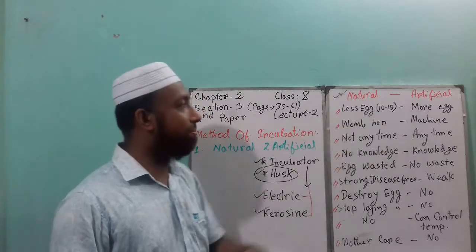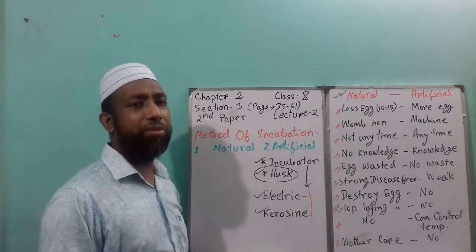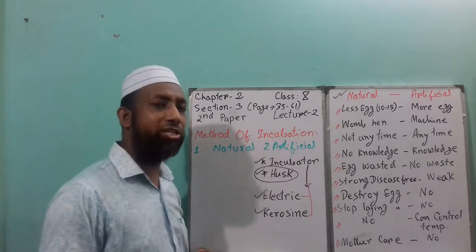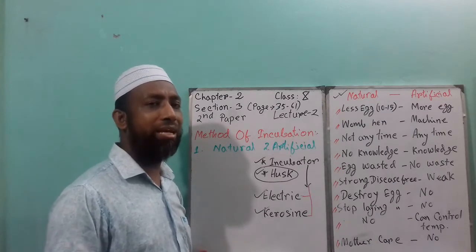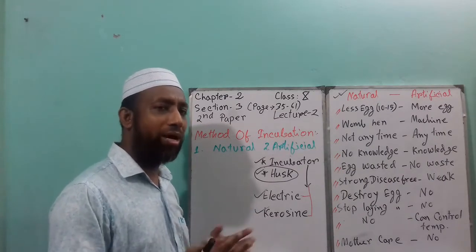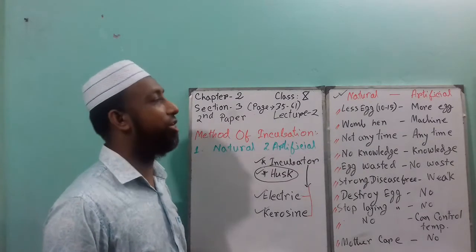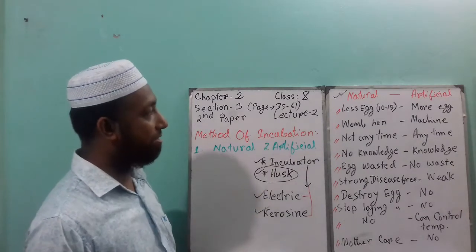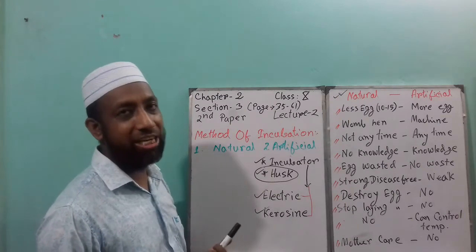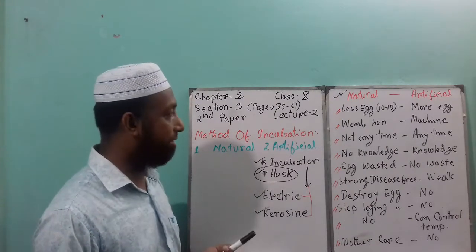But in the artificial method, we can hatch more eggs, like 120, 200, 300, whatever. It depends on the size of the machine. This is an artificial machine, because it is an electric machine or kerosene one.